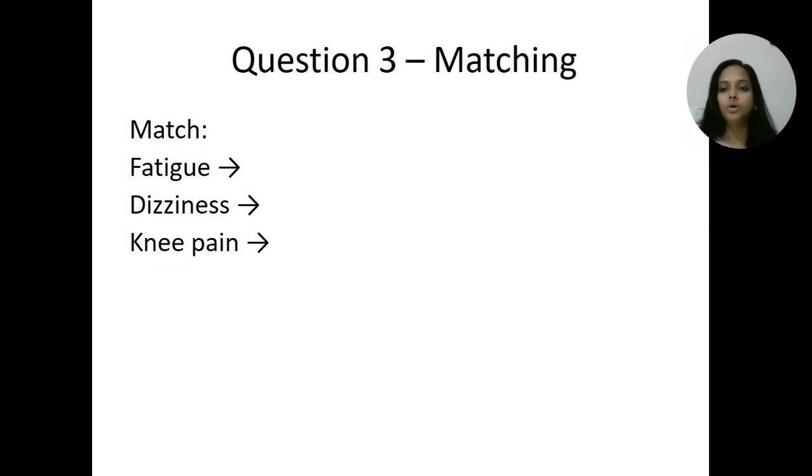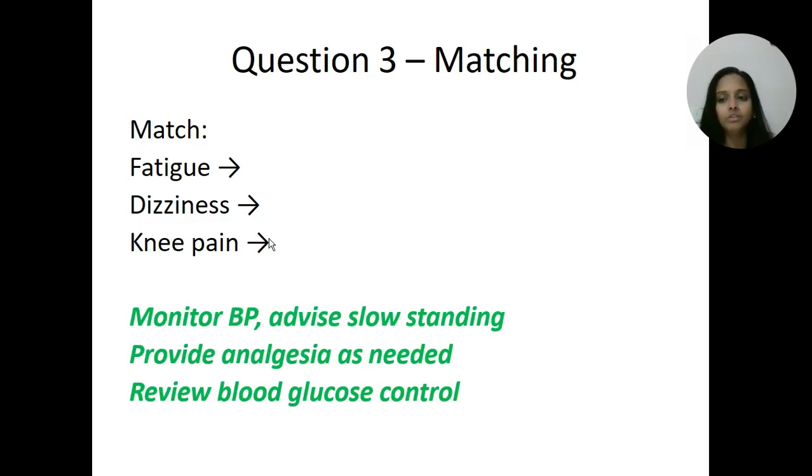Now let's move on to our third question, which is matching. Which option will go where? For the first one, fatigue, in the context of diabetes and high blood glucose, right? So review blood glucose control will go for fatigue. And the second one, dizziness, that means it was postural, mild.